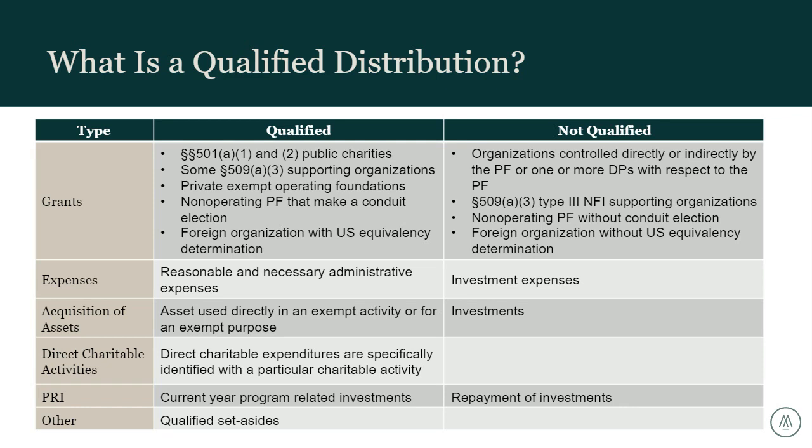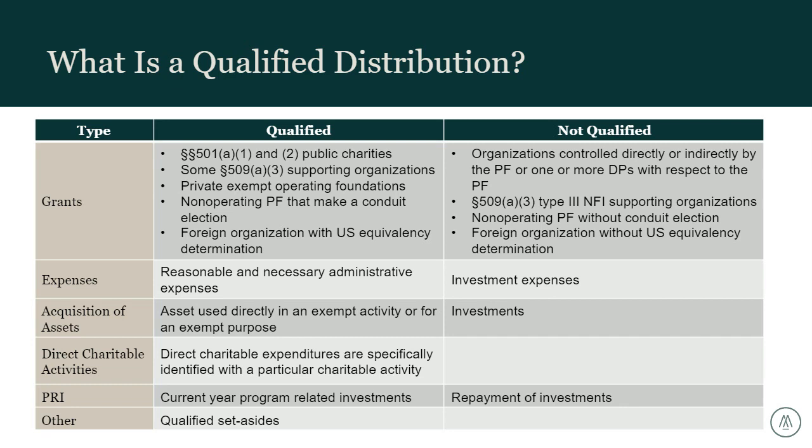Not qualified are organizations controlled directly or indirectly by the private foundation or one or more disqualified persons with respect to the private foundation. Those 509(a)(3) supporting organizations, type 3 non-functionally integrated, would not qualify. A non-operating private foundation without a conduit election would not qualify. And if you're giving to a foreign org that does not have a U.S. equivalency determination, that would not qualify.